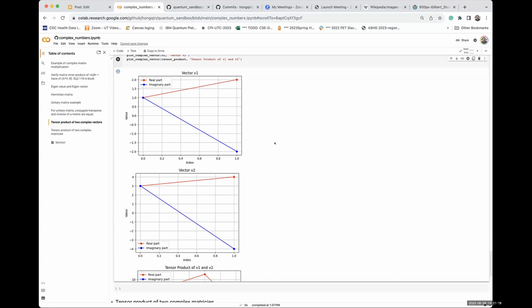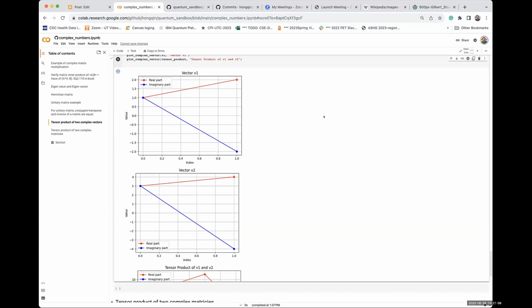But in quantum computing, the important part, from the book, is that one vector is one quantum state, another vector is another quantum state, and the tensor product is a way to describe both quantum states in one tensor vector.